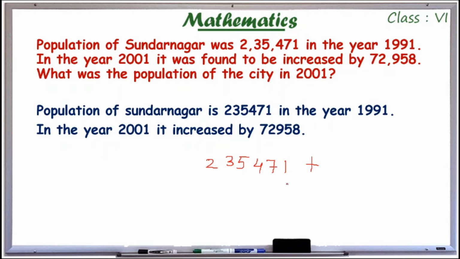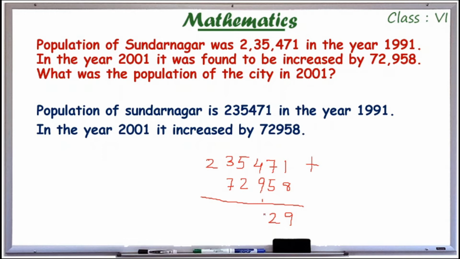Write from the right side: 1 plus 8 is 9, 7 plus 5 is 12, write 2, remainder 1.